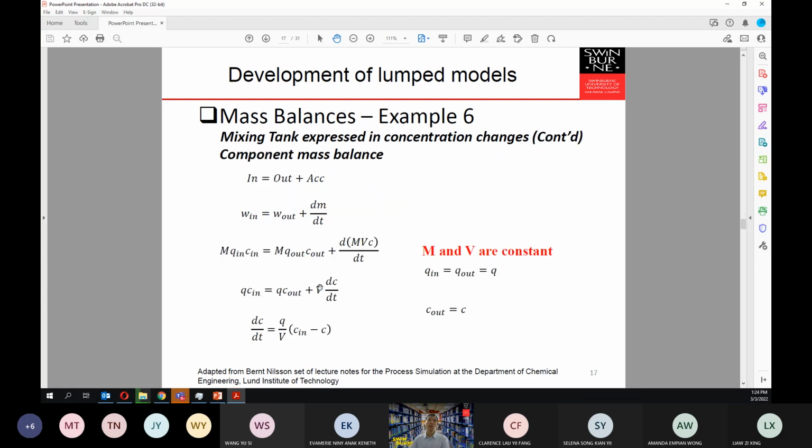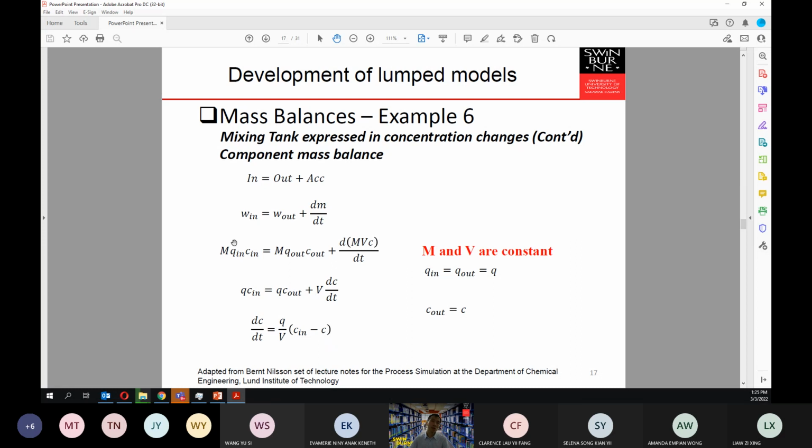So we can write out this equation: in is equal to out plus accumulation. Then the flow rate of mass in can be represented by the molecular weight multiplied by the flow rate.